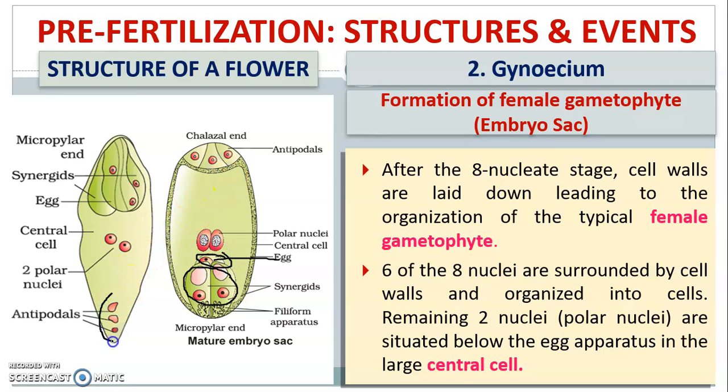The 3 antipodal cells present at the chalazal end also degenerate, and the 2 cells at the center fuse together, and this is known as the large central cell.